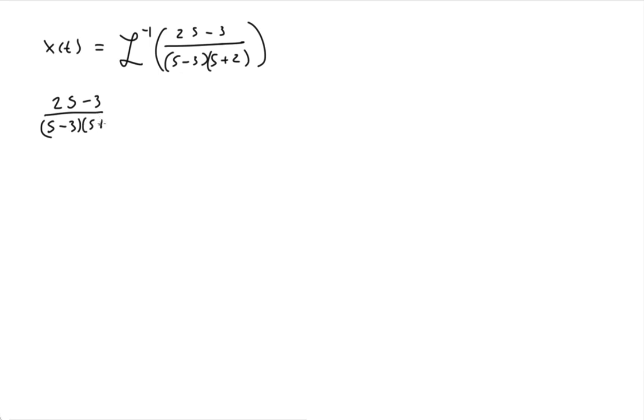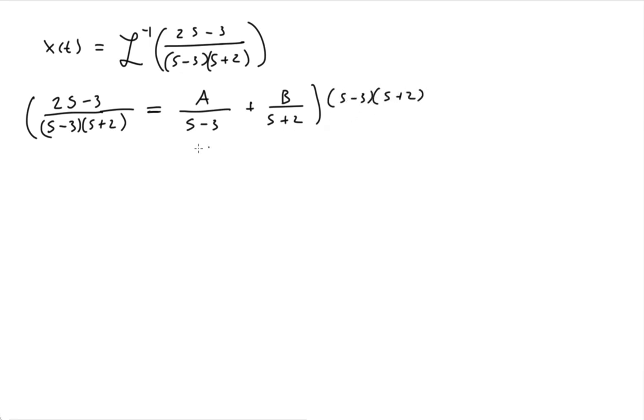Now we know that there's an algebraic identity that says that there is a constant a all over s minus 3 plus a constant b all over s plus 2, so that these two expressions are equal to each other. Okay, so what we do is, of course, we multiply everything by s minus 3 and s plus 2, and we get the result here of 2s minus 3 is equal to a times s plus 2 plus b times s minus 3.